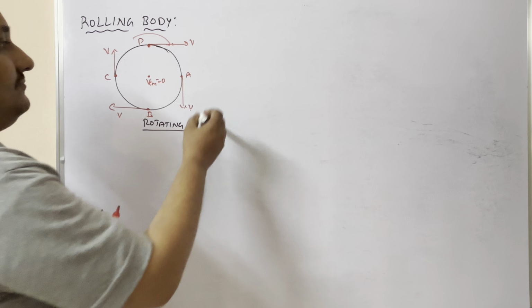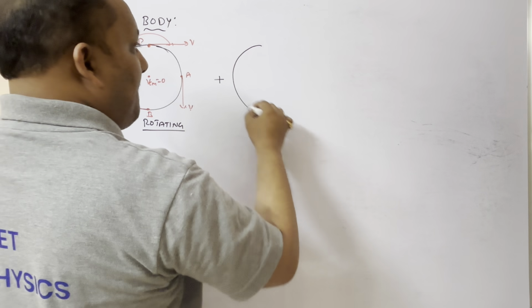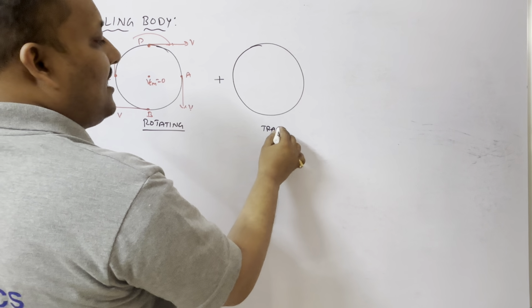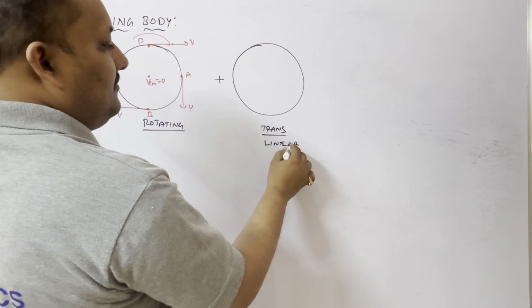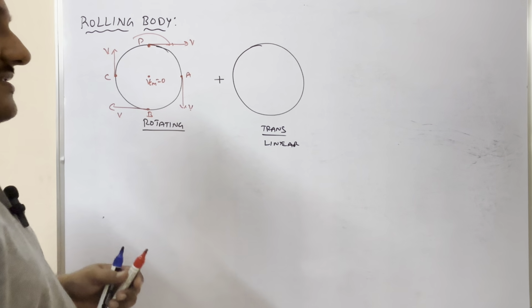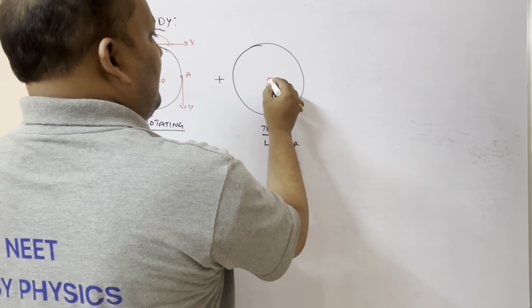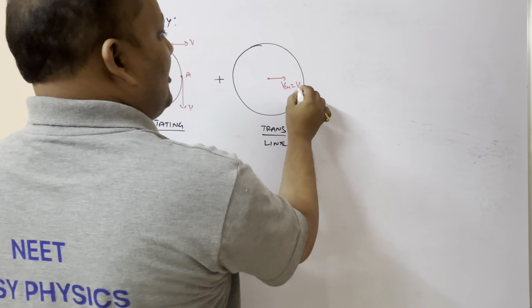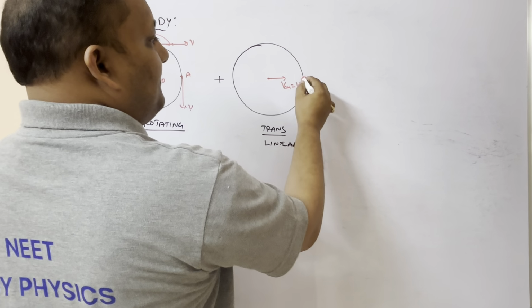Next, plus this is linear or translational motion, or rectilinear motion, translational motion. So at that time, its center of mass will be moving with velocity v.